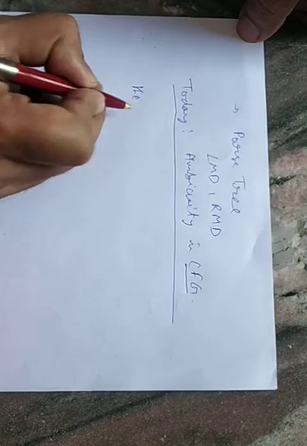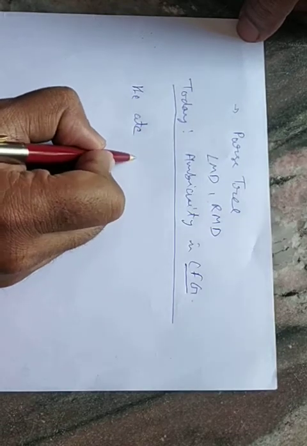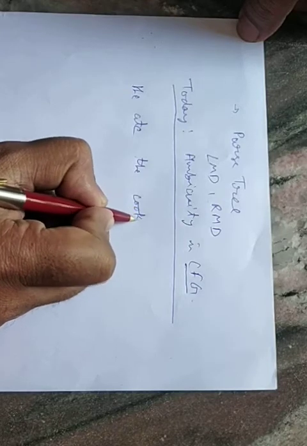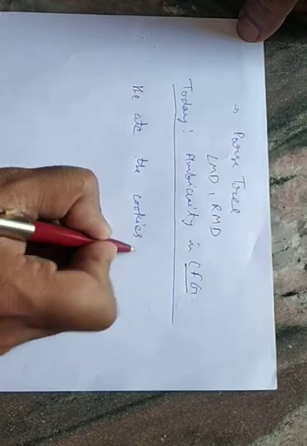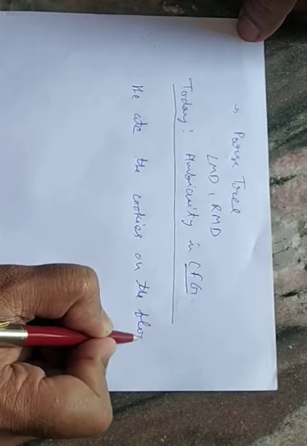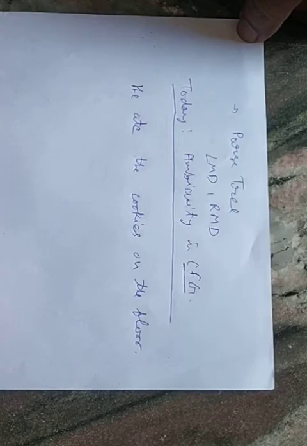Suppose I have one example, that is, he ate the cookies on the floor. Now this is one simple sentence, but it can give me two different meanings.